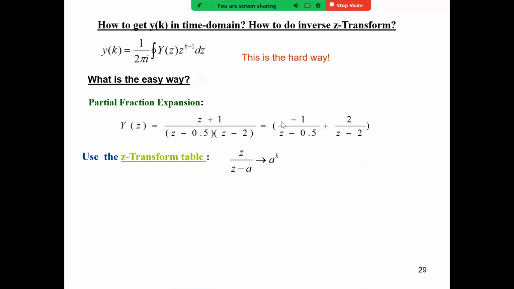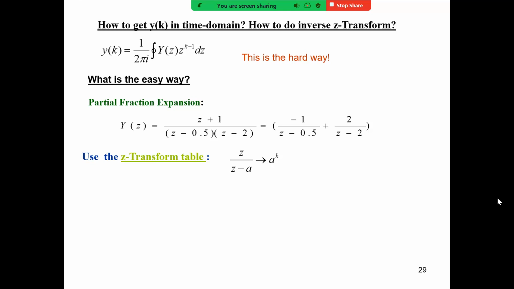Here is the problem, right? If you do the partial fraction of Y, you will get this one, but in the Z transform table, there is a Z in the numerator. So how do we force the Z in the numerator in the final partial fraction?